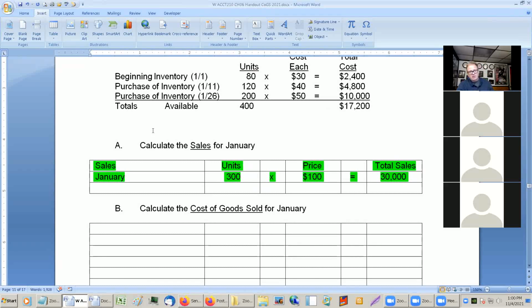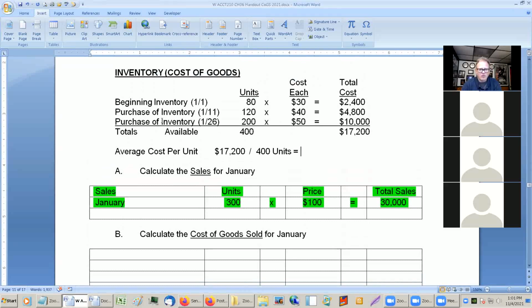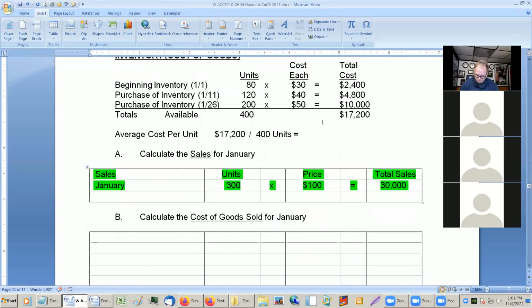So what we're going to do is divide them. I'm going to take the 17,200 divided by 400 units equals some number. $43.